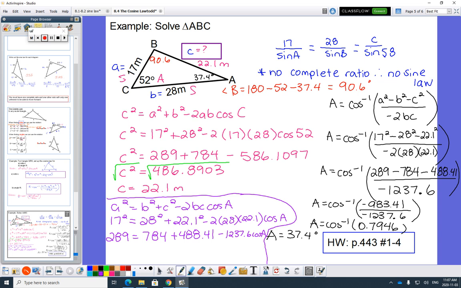Then this, you would just collect like terms, like bring it over. And now you'll notice this is basically this, right? So you can plug the numbers in and rearrange as you go, or you can use the rearranged formula. It actually doesn't matter.